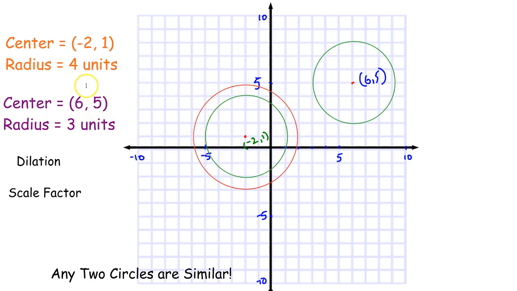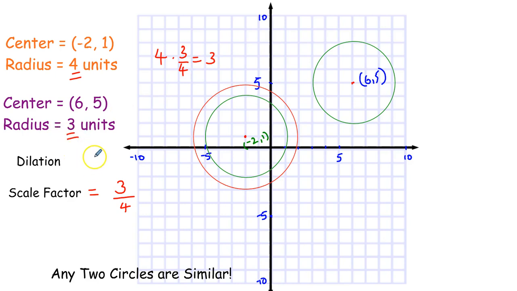From the radius of 4 units, if you want to get 3 units, we just take the radius of the image, that is the second circle, which is 3, and the old one is 4. So I multiply the pre-image radius, 4, by 3/4, so that the product is 12 divided by 4, which gives me 3. So 3 is the radius of the new circle.